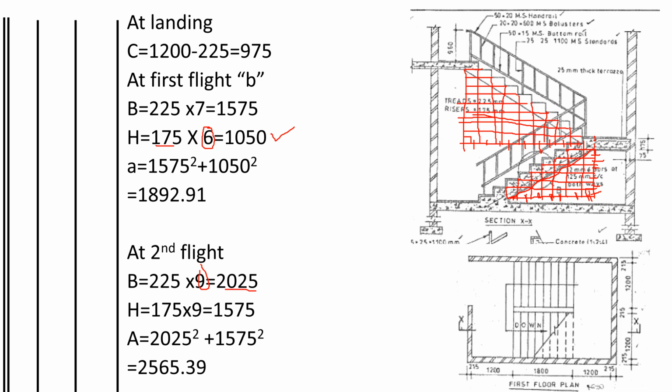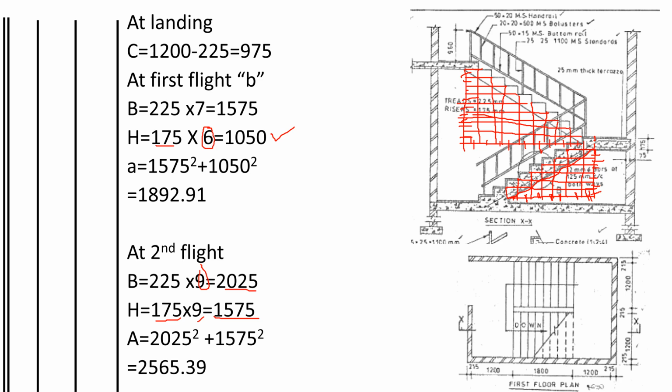So we count 1, 2, 3, 4, 5, 6, 7, 8, 9. 9 risers. So one riser is 175, 9 risers. So we shall get a total of 1575.